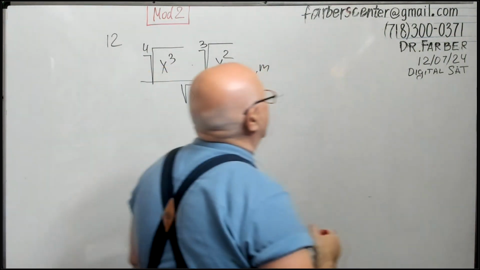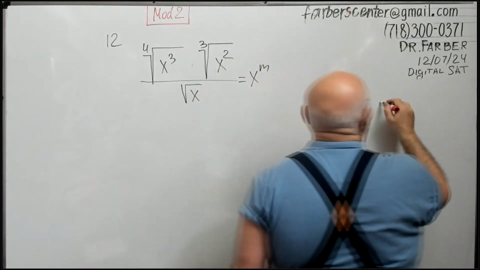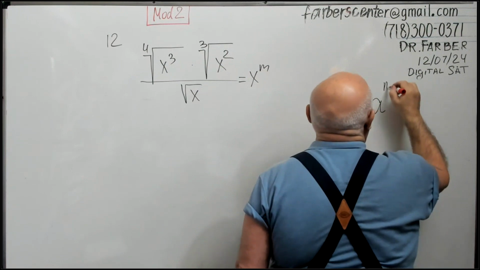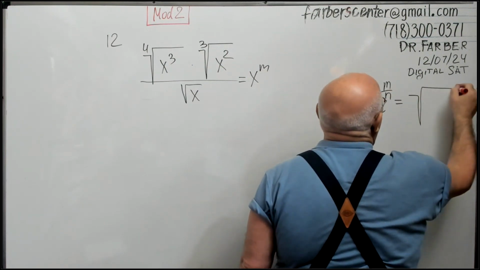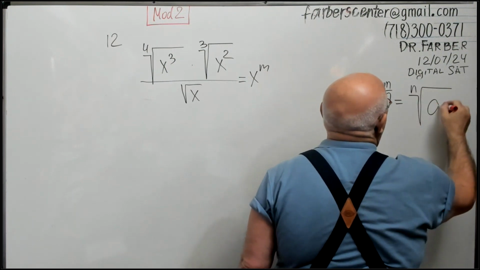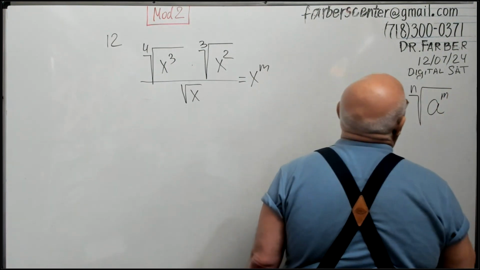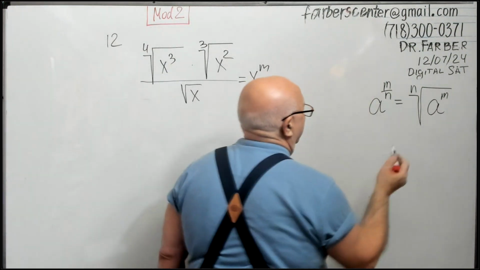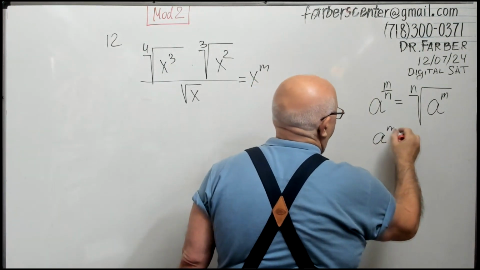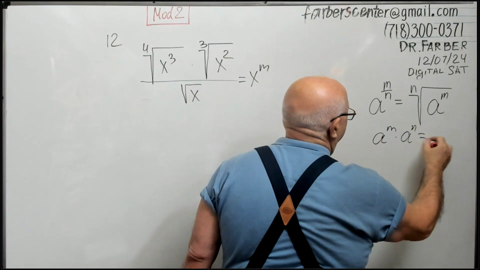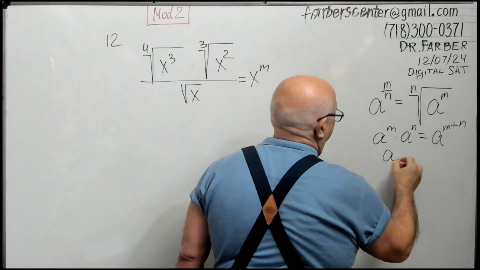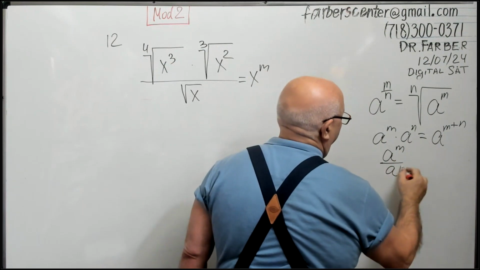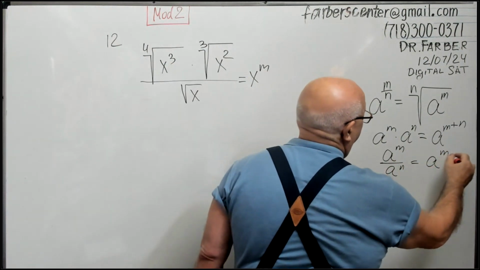I just remind you of a very important formula: a to the power m over n is the same as the nth root of a to the power m. And another one: a to the m times a to the n is a to the m plus n, and a to the m divided by a to the n is a to the m minus n.